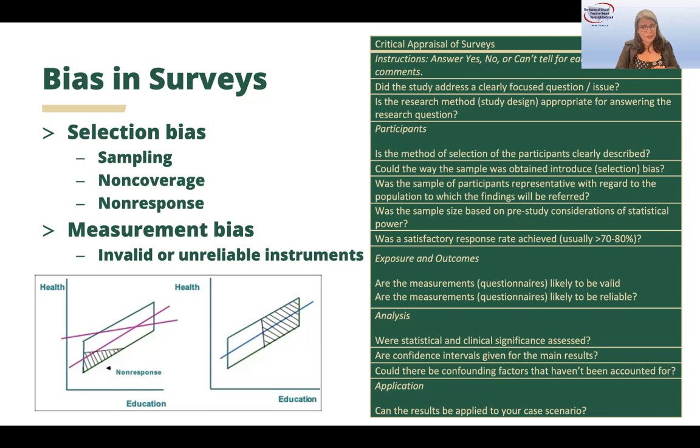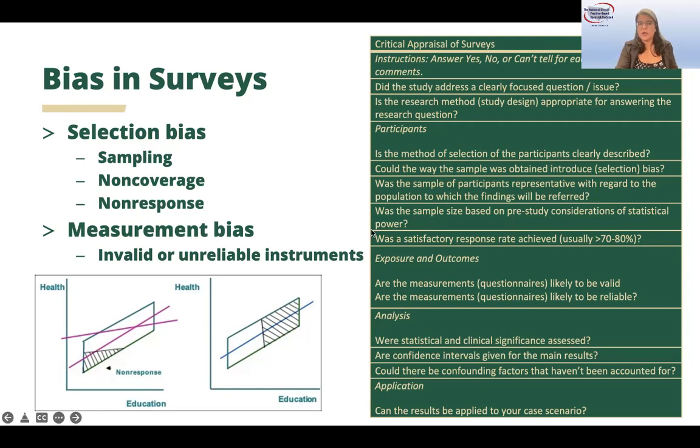And then, like I talked about before, invalid and unreliable instruments can also introduce measurement bias. Those kinds of selection bias, like having non-coverage or non-response, do not necessarily introduce bias. So it depends on how that happens. So it's a good practice to have some way to measure or to gather some additional information to see if your results are biased.